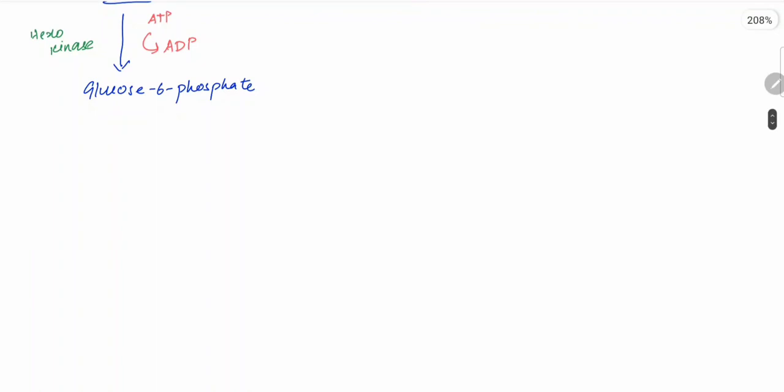And then this glucose 6-phosphate is converted into fructose 6-phosphate.